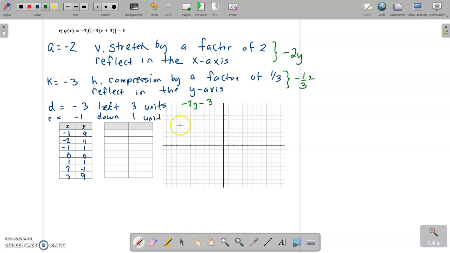And finally, the c value is -1, so we take that stretched y value, the -2y, and we subtract 1 from it.